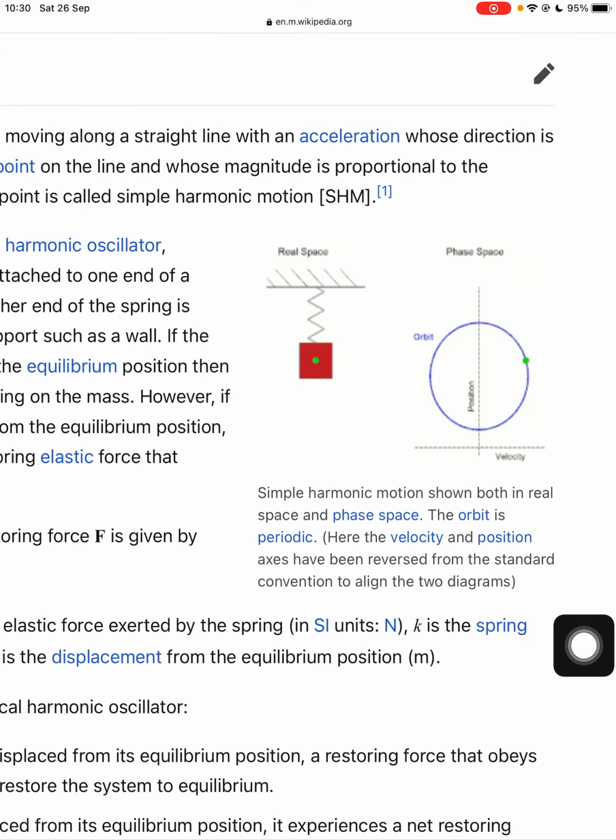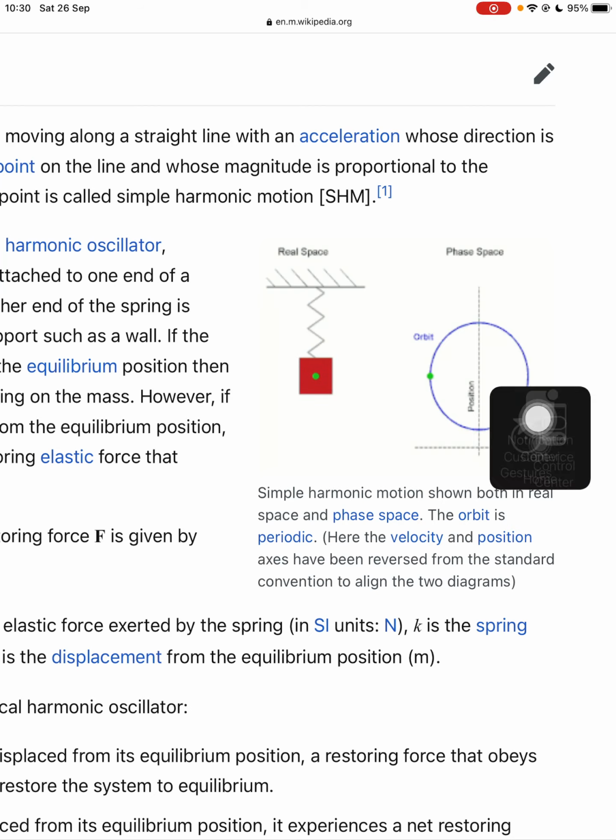If the block moves up and down, the time that the block takes to move up and down is called one period, because the object has moved through one oscillation. Moving up and down is one oscillation. So the time for one oscillation is called the period here.